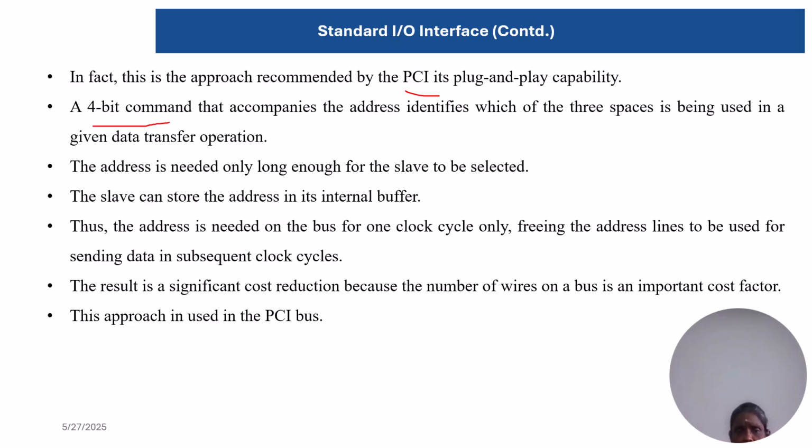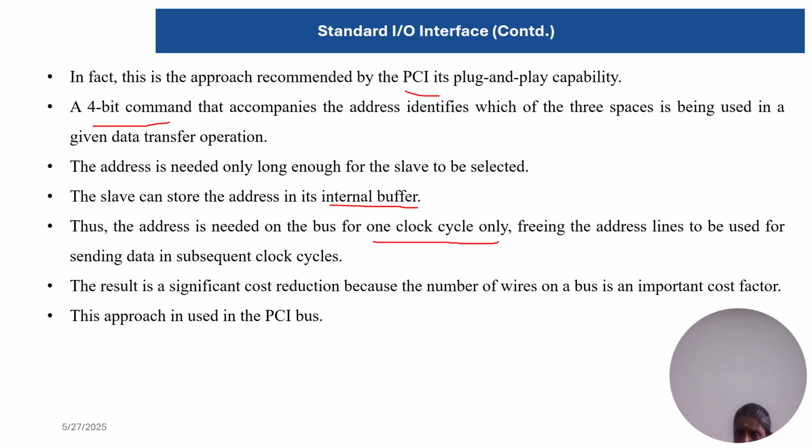Thus, the slave can store the address in its internal buffer. Then only it can identify it. Thus, the address is needed on the bus for one clock cycle only. So normally in processors, for one clock cycle, one operation will be completed.